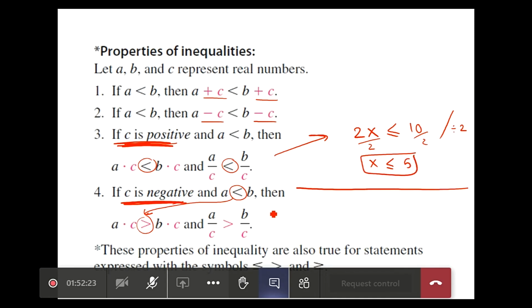But if we have coefficient negative, for example, minus 2x less than or equal 10, we need to divide by -2. By divide -2, we must change the sign of the inequality from less than or equal to greater than or equal, and x greater than or equal -5, like this. Okay?